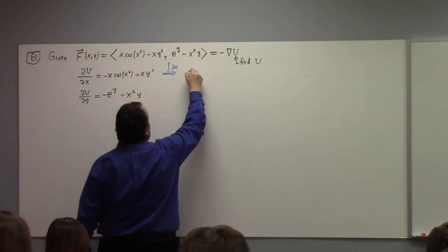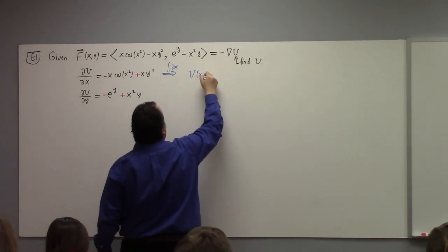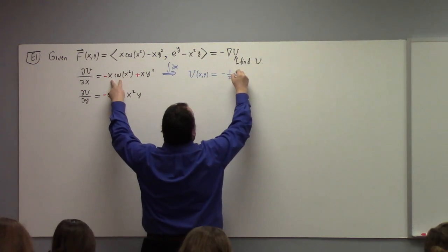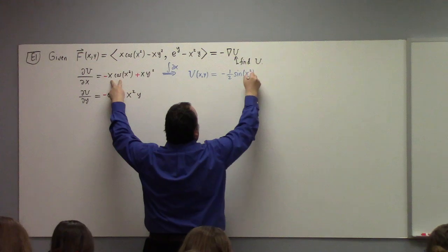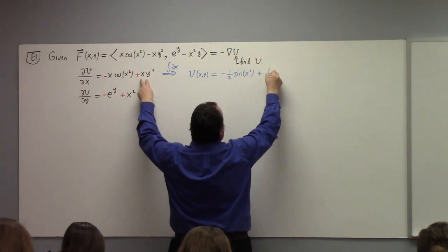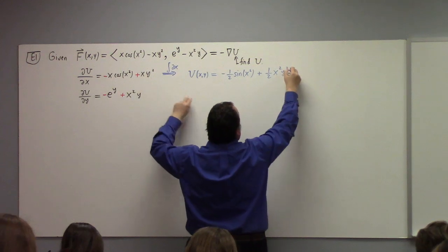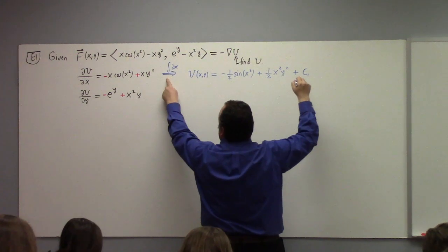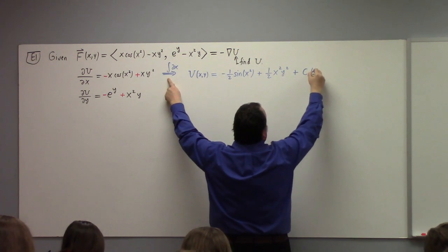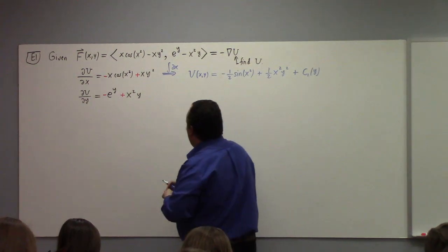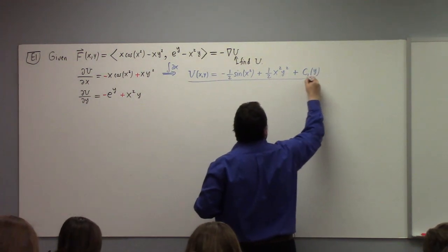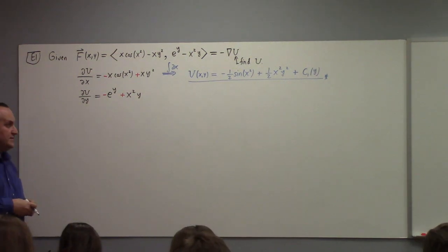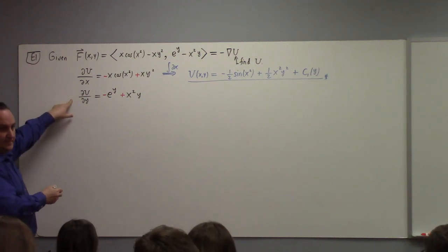And so what that gives me is U of xy equals minus 1/2 sine of x squared, plus 1/2 x squared y squared, plus some constant. Now here I'm integrating with respect to x holding y fixed, so that means that this constant could possibly be a function of y. All right, so let me call this equation star, and what we're going to do is plug star into here.